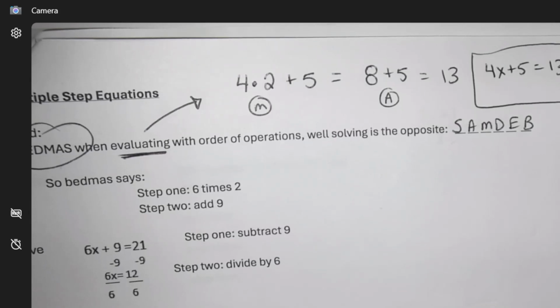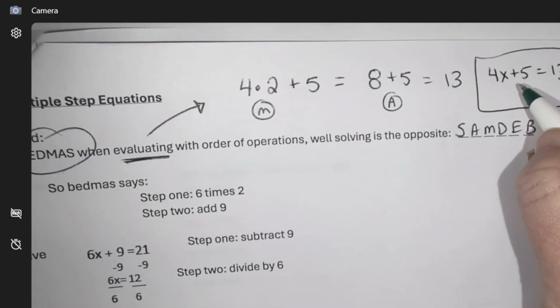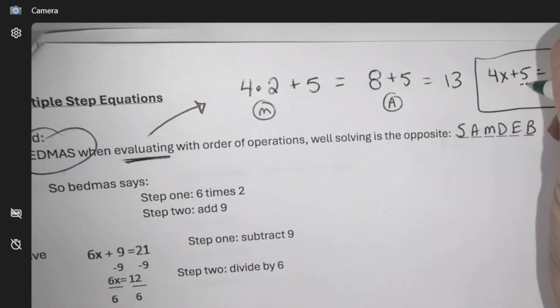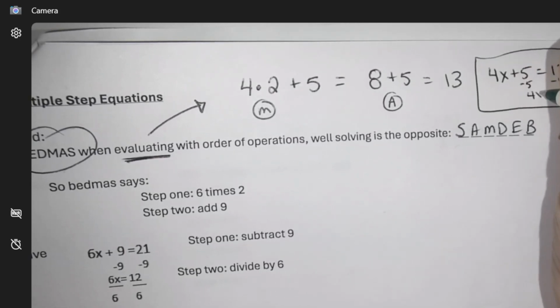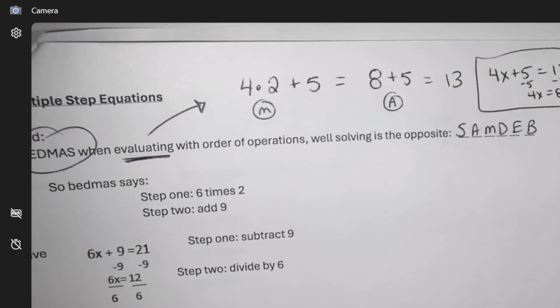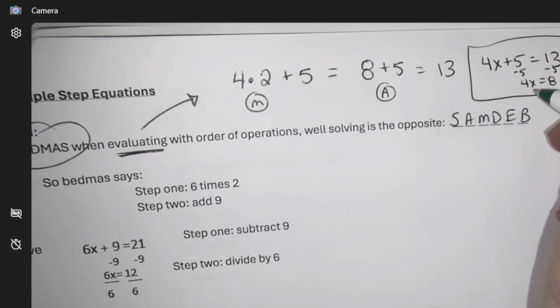So that means I actually have to do add subtract first. So here I would subtract 5, which is 8. So I added, subtracted first. Then I would do some multiplying and dividing, which tells me to do what to get x?